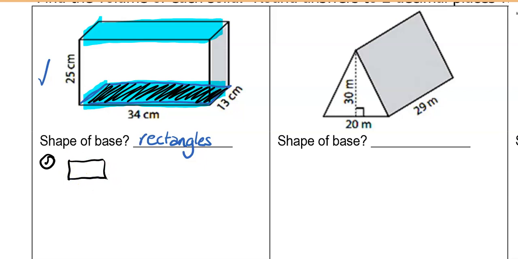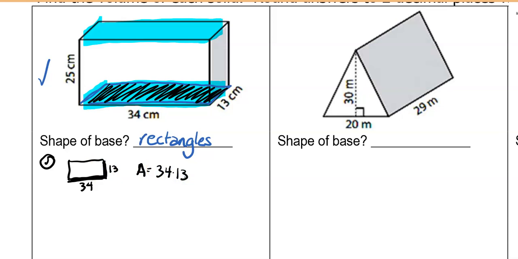Forgive my poor handwriting on the surface. But the rectangle I chose is 34 centimeters this way and 13 centimeters the other way. And so just like we did earlier, finding the area is going to be length times width, or lowercase b times h.